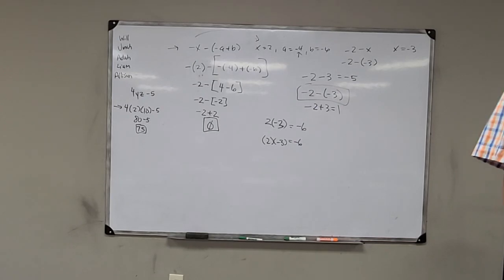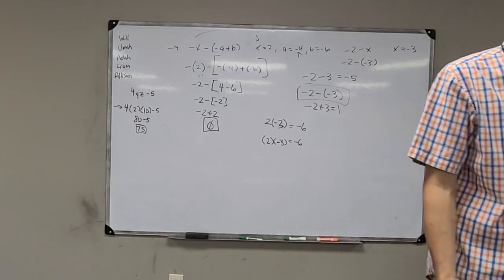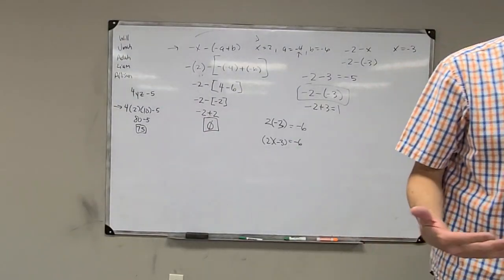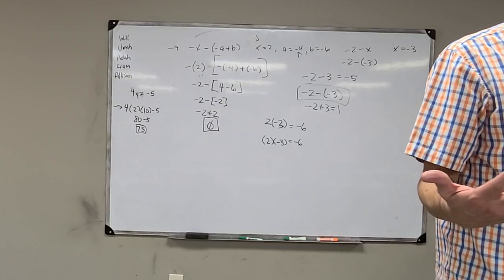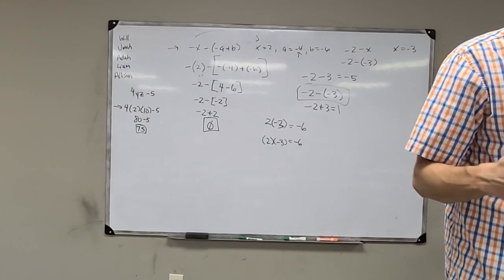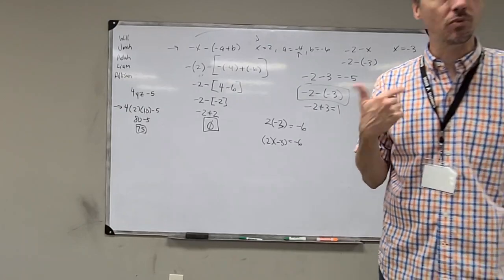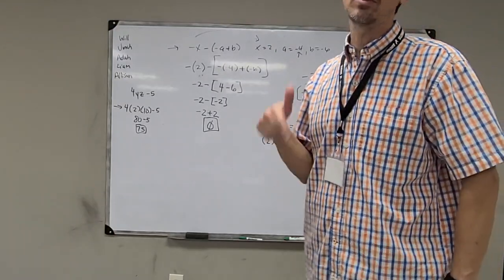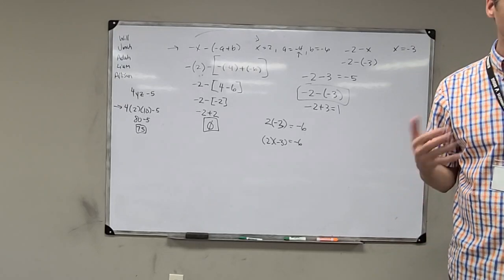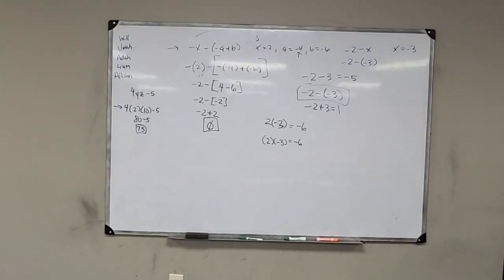But when you look at the book, you also see that number 10, 12, 14, 16, and 18 are the same types of problems. So if you do 11, 13, 15, and 17 and you go, that's still kind of fuzzy, go back and do 10, 12, 14, 16, and 18 until you get it down. Just practice it more. The more that you do, the better you're going to get at it, and the less confused you're going to be by things that are maybe confusing you right now. Okay? Sound good?